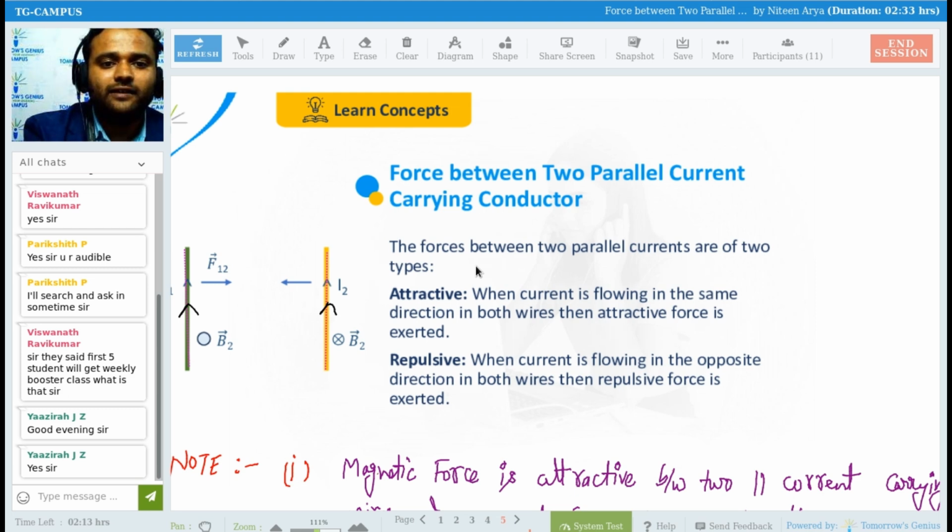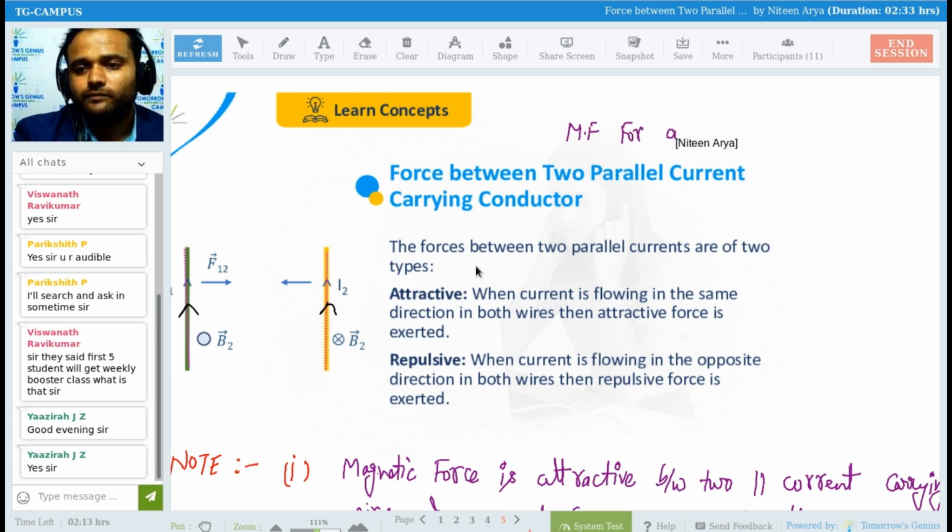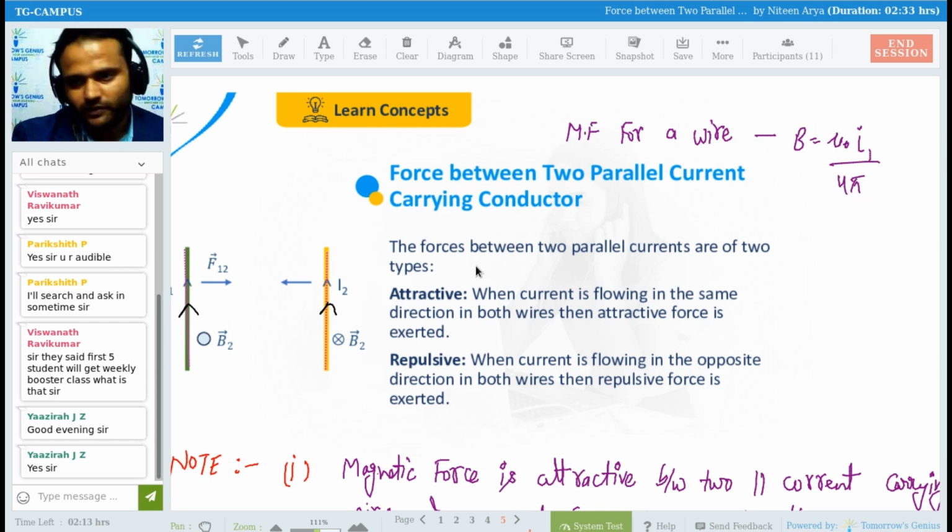As we know, the magnetic field for a current carrying wire, I am just writing for a wire, is going to be B equals mu naught I1 over 2 pi d.